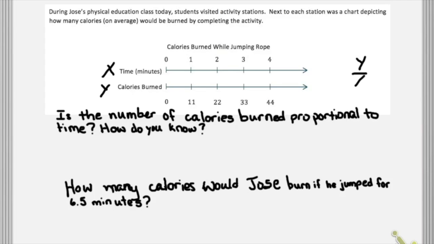Y divided by x. So we can divide it. 11 divided by 1 is 11. 22 divided by 2 is 11. 33 divided by 3 is 11. 44 divided by 4 is 11. And again, we get 11 every time. So the constant is 11.